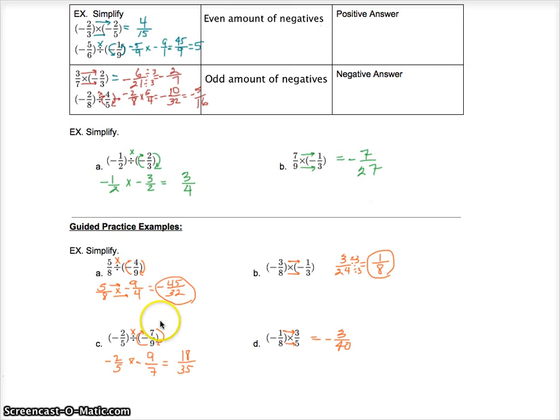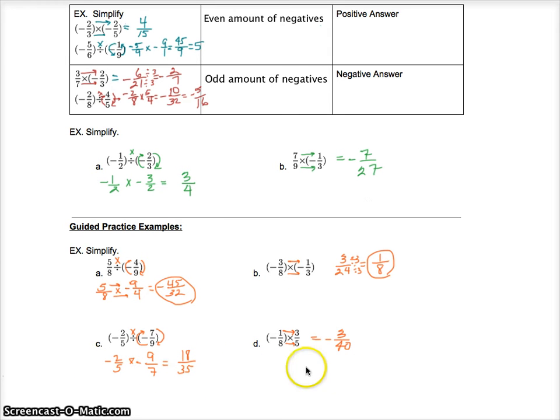Part C, I have -2/5 divided by -7/9. I've got to multiply by the reciprocal, so that ends up being -2/5 times -9/7. When I multiply those together, I end up with 18/35. Even number of negatives means a positive answer.